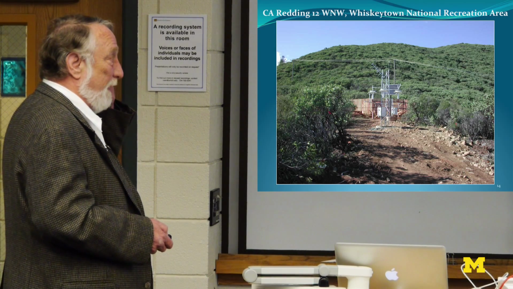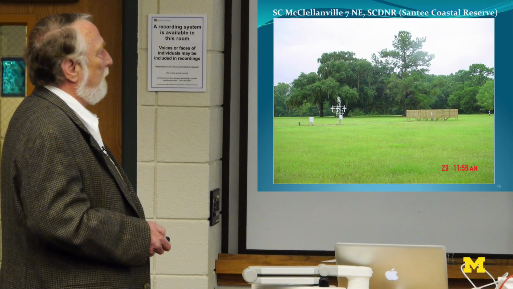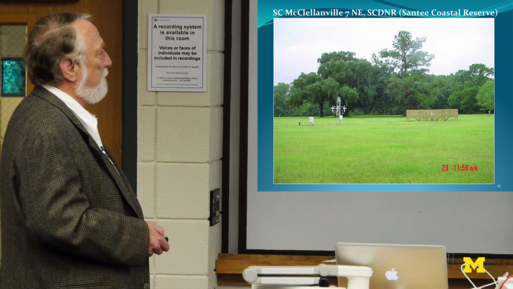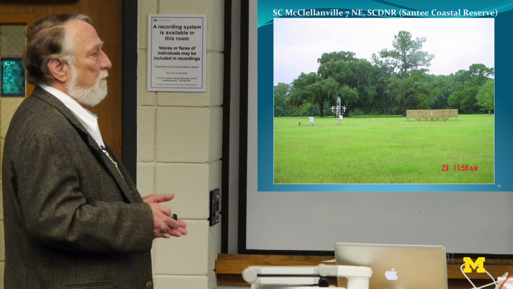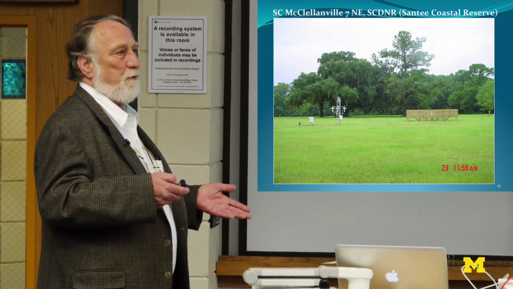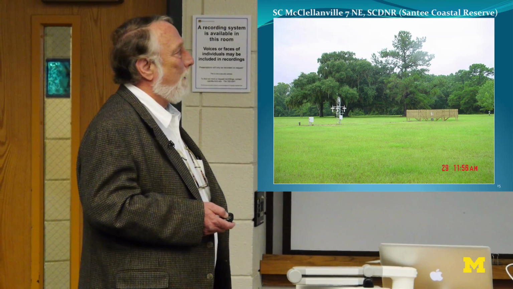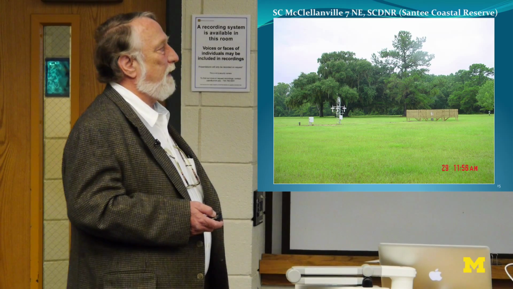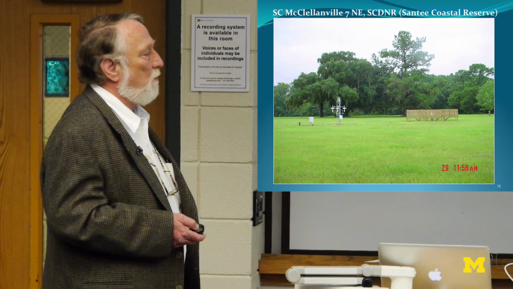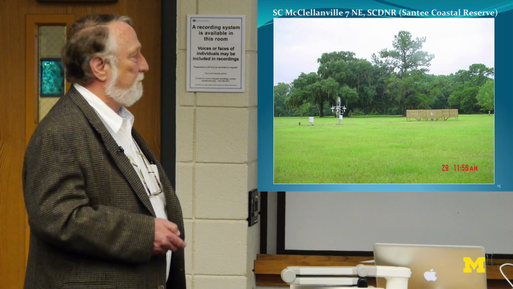This is in Redding, California, and this one's in the south, in McClellanville, South Carolina. We also don't ever pick private property. It's all public property, because if it's on private property and ownership changes, that owner may not want that site there. So we've been fairly fortunate over the decade. I think we've had to move 1 or 2 stations out of 100 so far, and it usually had to do with development.